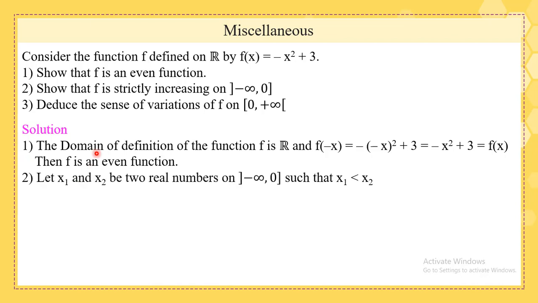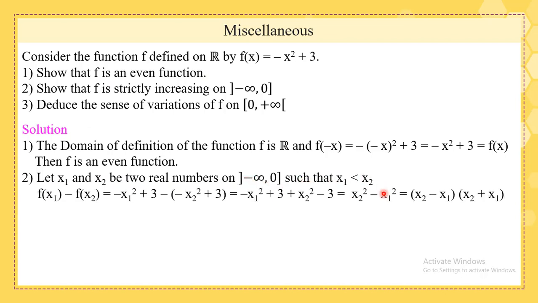Now to study the sense of variations of f on minus infinity, 0, let x1 and x2 be two real numbers on minus infinity, 0 such that x1 is less than x2. We have to calculate f of x1 minus f of x2. So we obtain (x2 minus x1) into (x2 plus x1). x2 plus x1 is negative. Why? Since x1 and x2 belong to minus infinity, 0, they are both negative numbers.